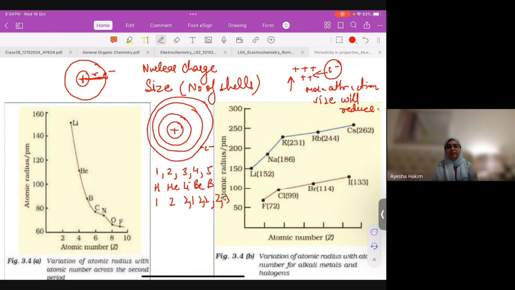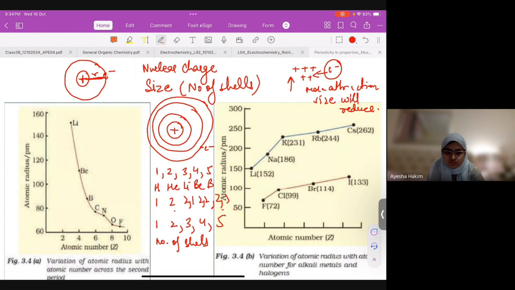Here the nuclear charge is actually the number of protons present in the nucleus. Going from left to right, my nuclear charge is increasing: 1, 2, 3, 4, 5. But the number of shells is the same.